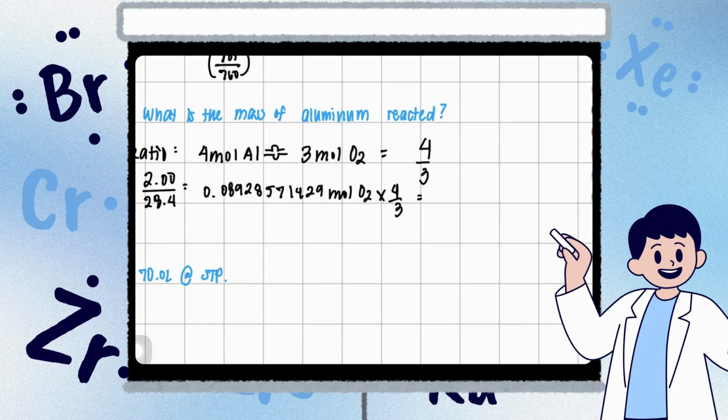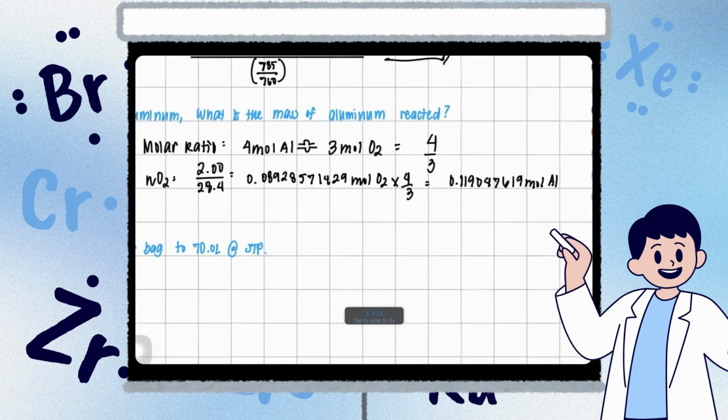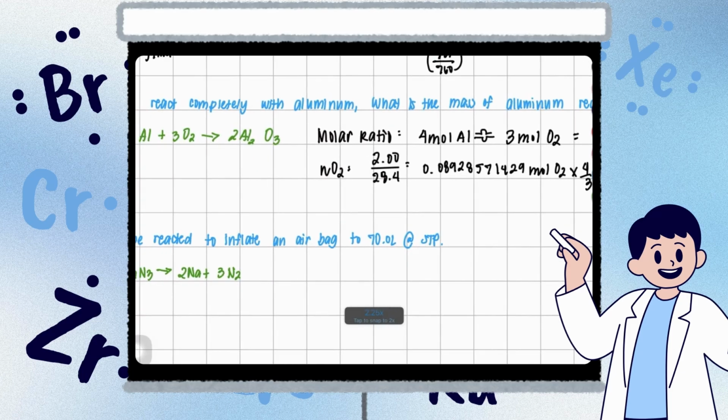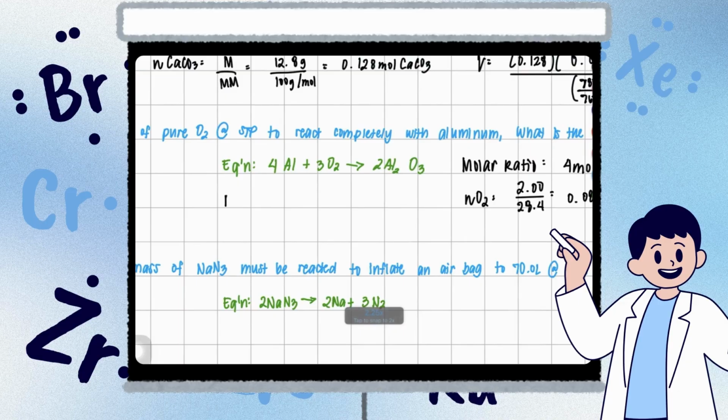It will give us 0.11904761 moles of aluminum. So now that we have the number of moles of aluminum, we can then multiply it with the molar mass of aluminum, which is 27 grams.